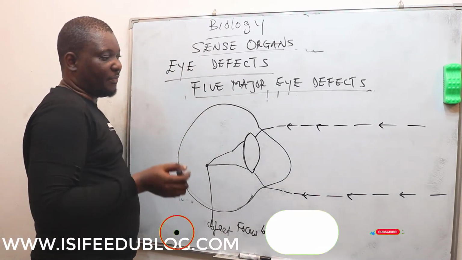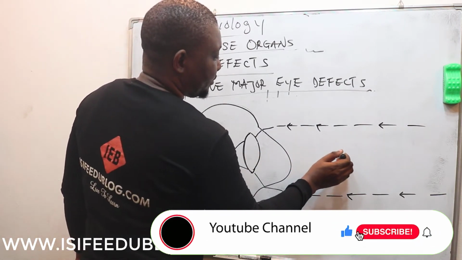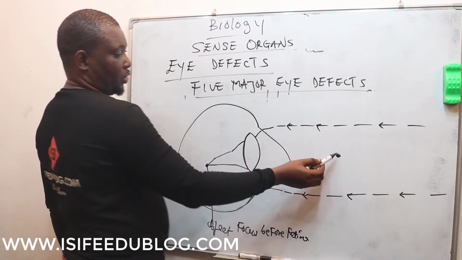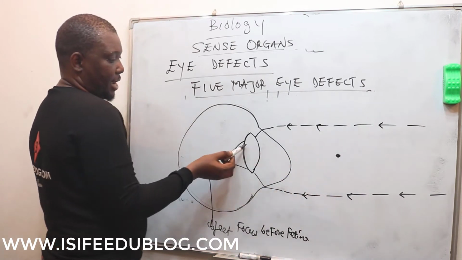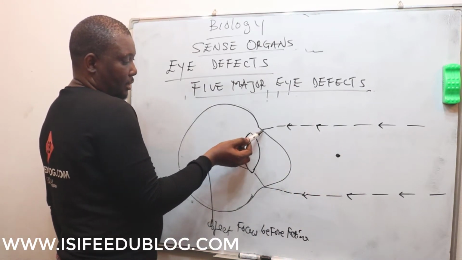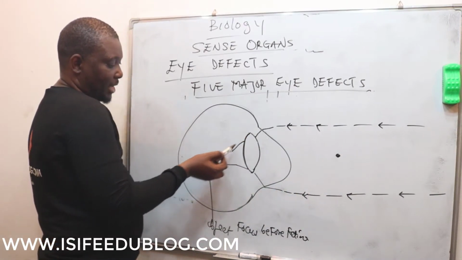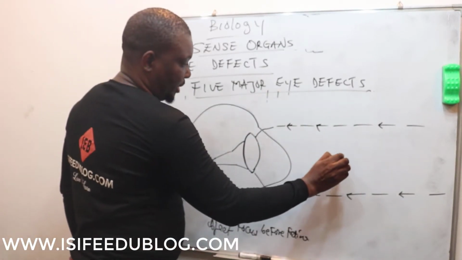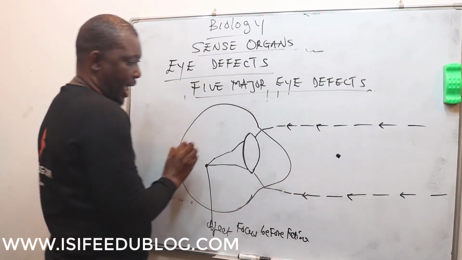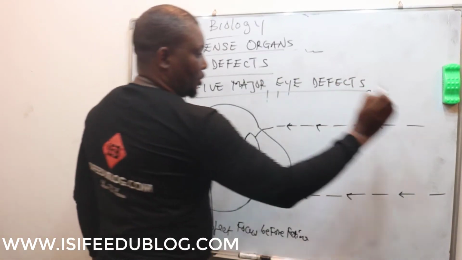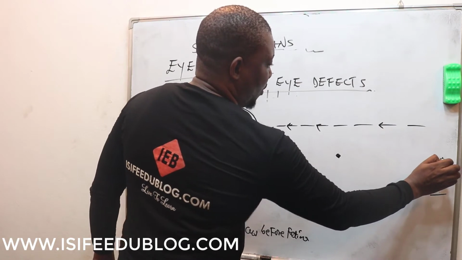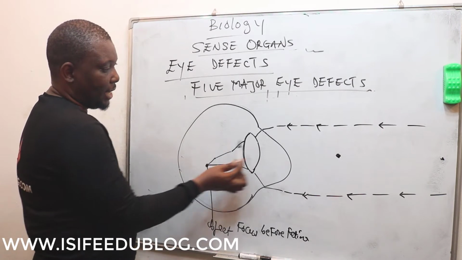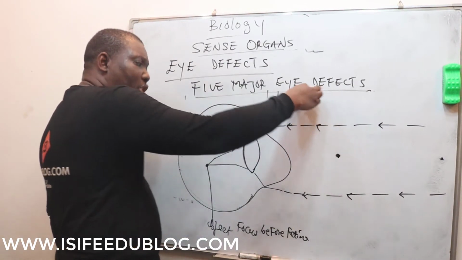But if the object is somewhere around here, and the light is traveling from here to here because it is close, by the time it reaches the cornea and the lens, they might have focused it to fall on the retina. That means this person can see an object that is placed close to the eye, but cannot see an object that is placed at this point. The reason is because the eyeball is big and the cornea too much curved.